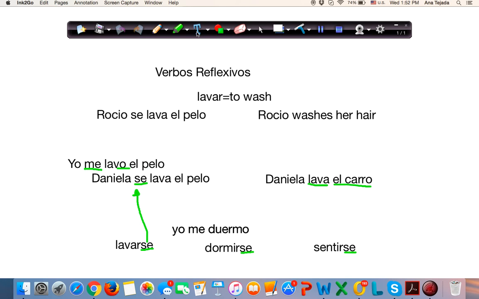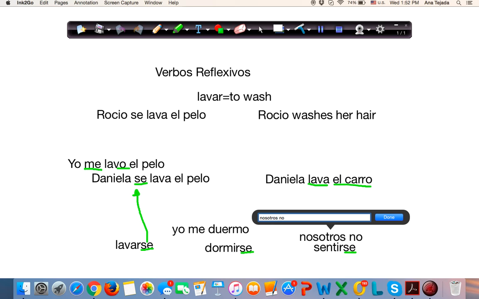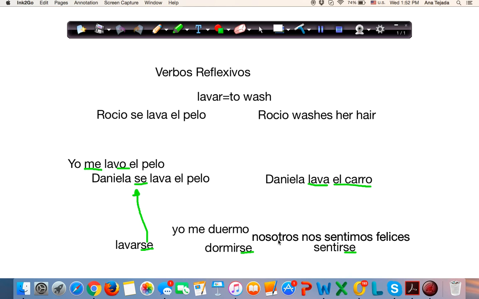And let's look at sentirse. Sentirse is another of those verbs that have a stem change. Let's use the pronoun nosotros. Nosotros nos sentimos felices, happy. See, nosotros, then we have nos, sentimos. What happens here? Even though it's the same stem changer, the rule says that the nosotros form doesn't have that same change.